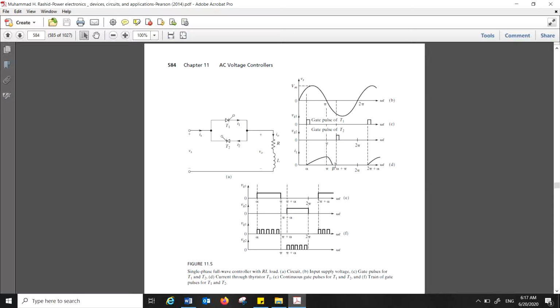The inductor is energized, and during the natural commutation process, when your wave is clipped over here, what will happen? The energy stored in the inductor keeps supplying your load, like you see.